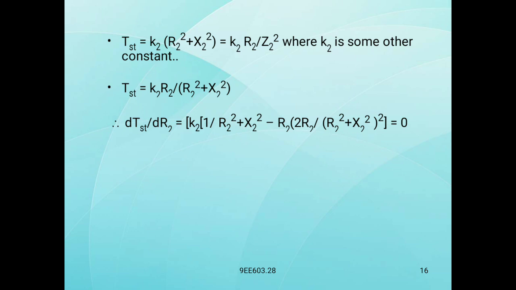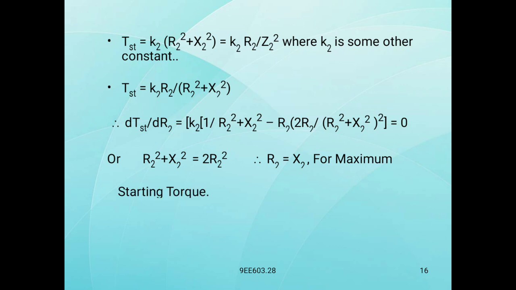Its derivative with respect to R2 is equal to 0. Then R2 square plus X2 square is equal to R2 square, and here R2 is equal to X2 for maximum.